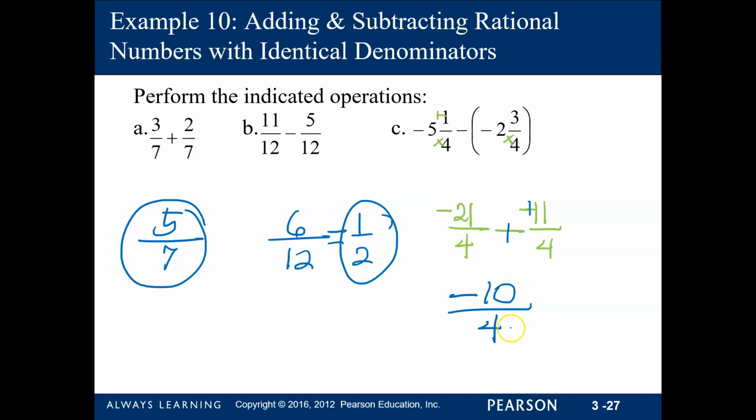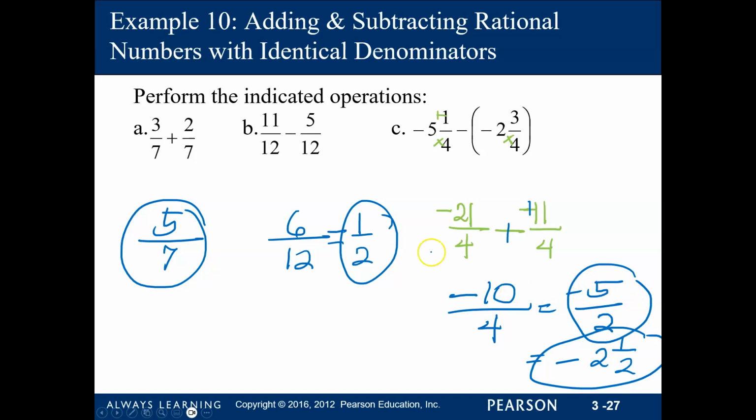But then we know that we can still simplify this, and this could change to 5 over 2, or if this is going to be a mixed number, this is now going to be 2 and 1/2. Negative 2 and 1/2. So just be flexible as to how you are going to be writing your final answers.